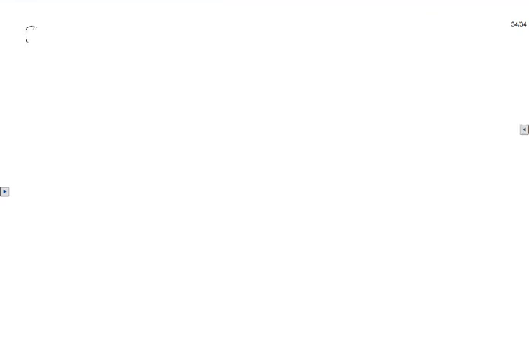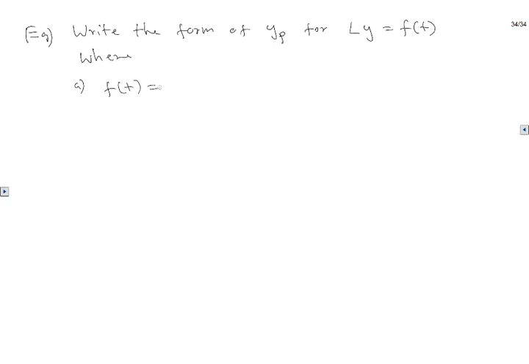So the example: write the form of yp for Ly equal f(t), let's say t now, where the first one, f(t) equal e to the 7t plus 6.